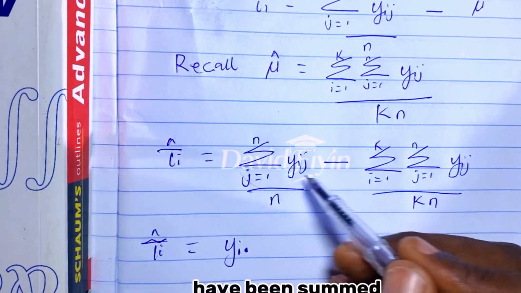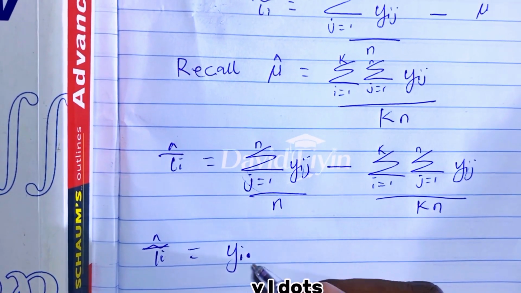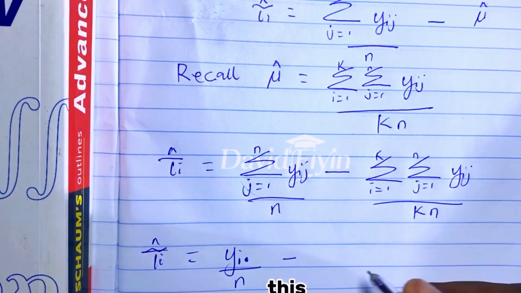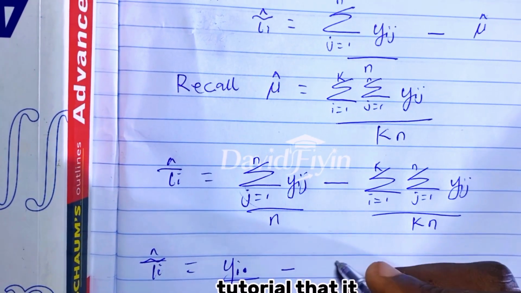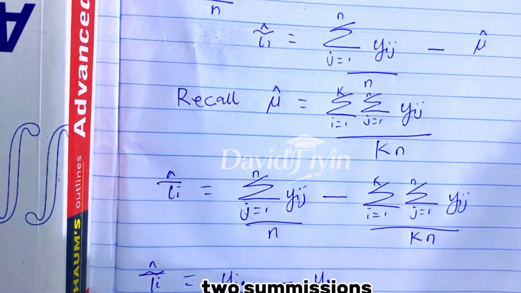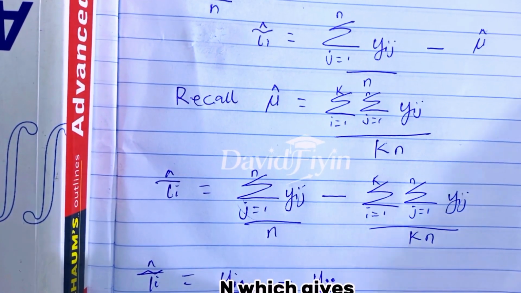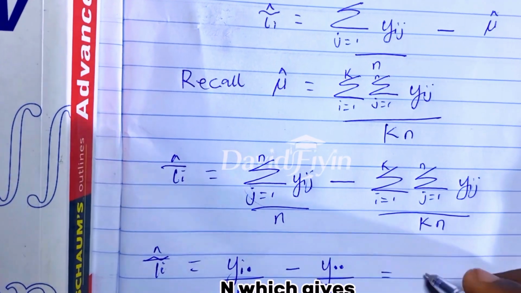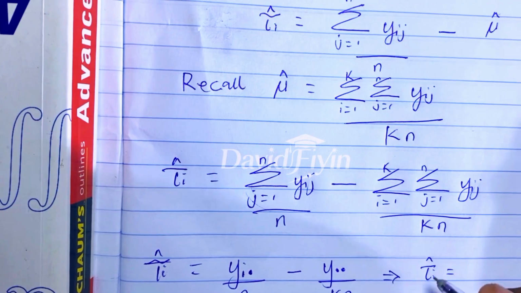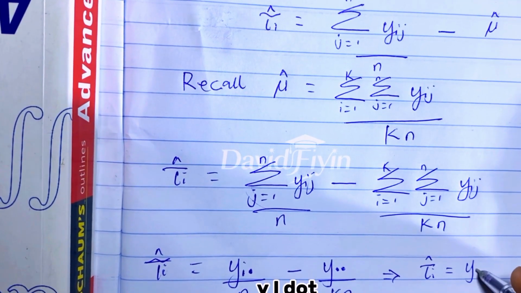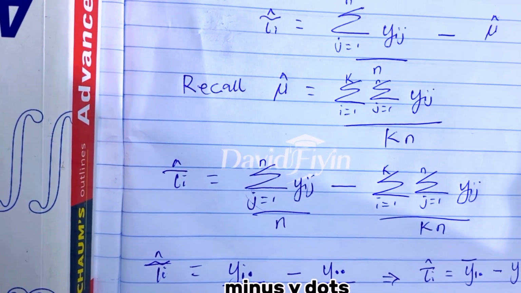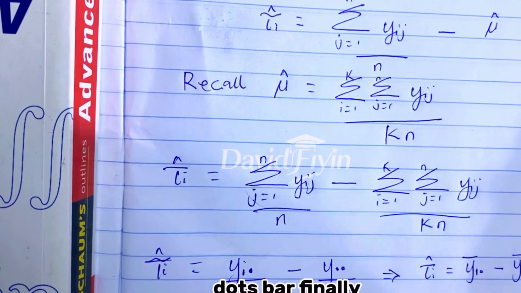The observations j have been summed, so that is why we have yi dot over n, minus, and for this we already know from our last tutorial that it is y dot dot, because there are two summations, over kn. This gives tau i equals yi dot bar minus y dot dot bar.